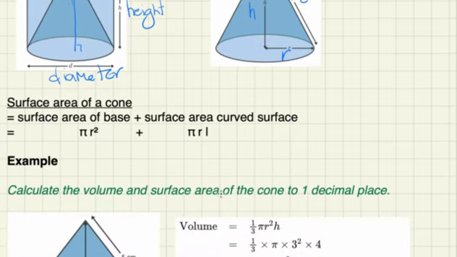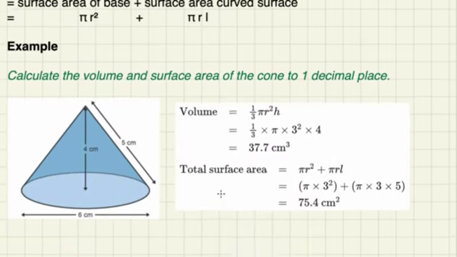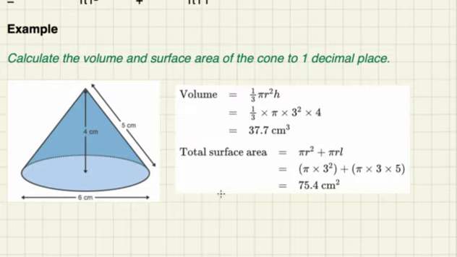So let's have a look at this in action, in an example. Here we have a cone, and it has a base of diameter 6 centimeters. Because we know that's the diameter, then half of it is the radius, obviously that's supposed to be an r.